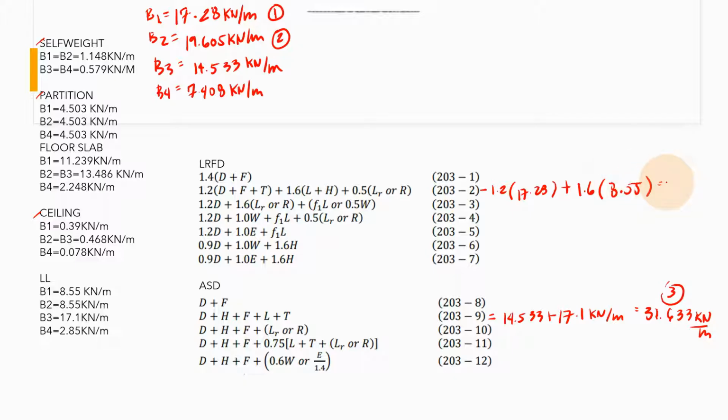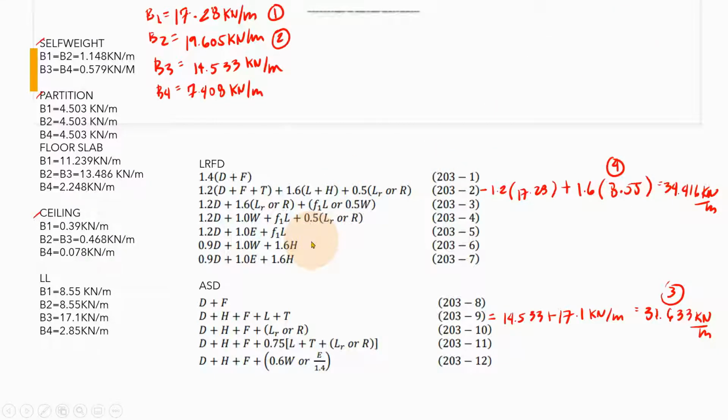So it is equal to 34.416 kilonewton per meter. So this is now our answer for number 4.